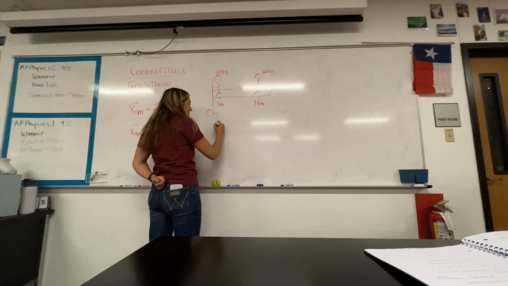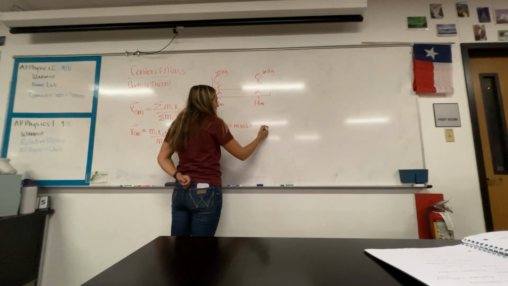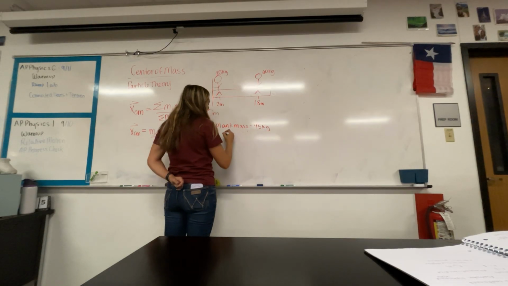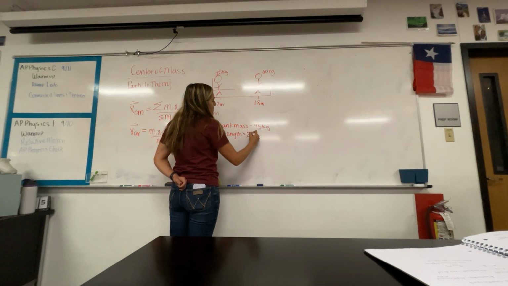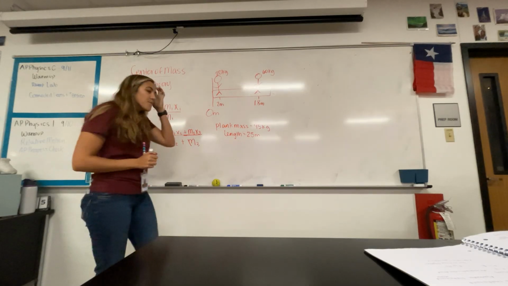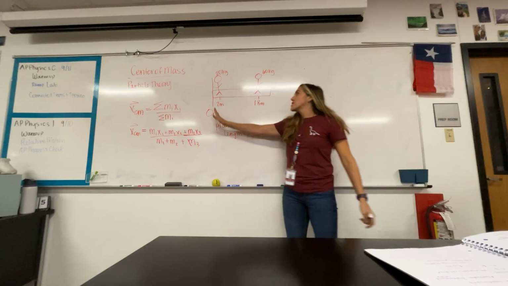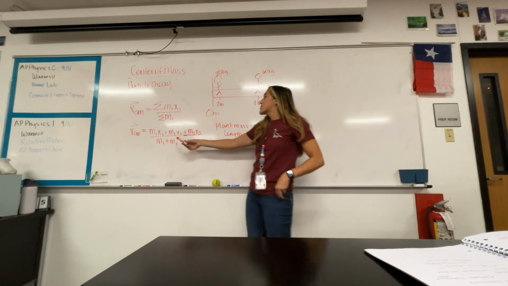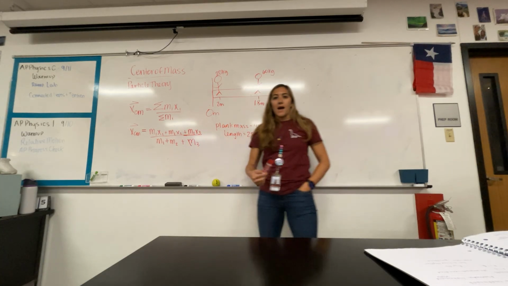But my plank has a mass. It's an actual plank. My plank has a mass of 45 kilograms and a length of 25 meters. One thing that's important to note that I didn't say before the last example, I have to determine my reference point before I start this. In order to finish this equation, I have to be able to put a position next to each mass.